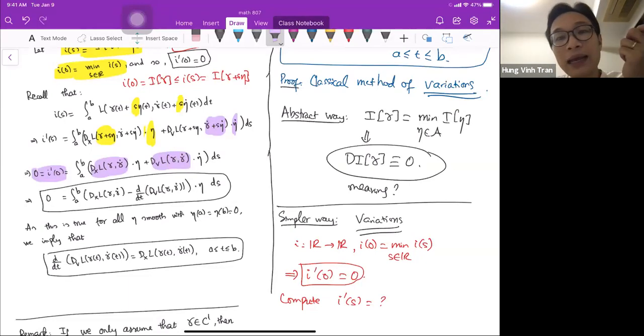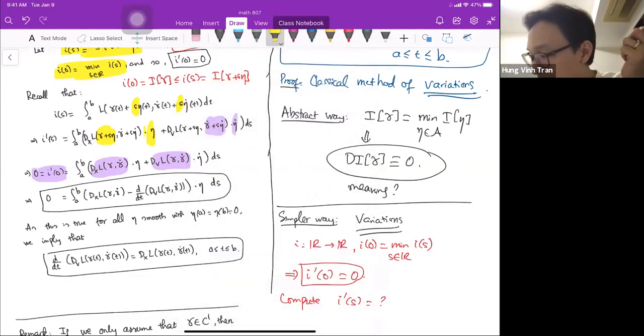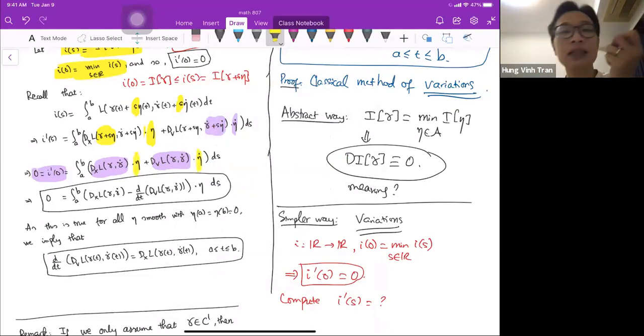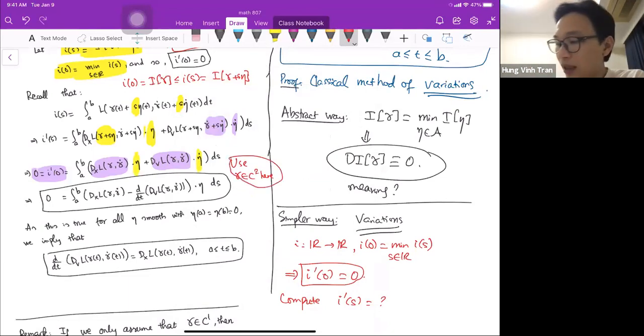Okay, and now you see that you have eta here and eta dot here. Clearly we would want them on the same page so that we can see them as test functions. And here is the place where we use the fact that gamma is C2. Why do I need gamma to be C2? I'm doing integration by parts.